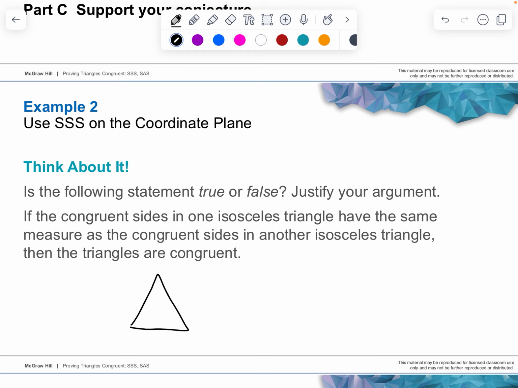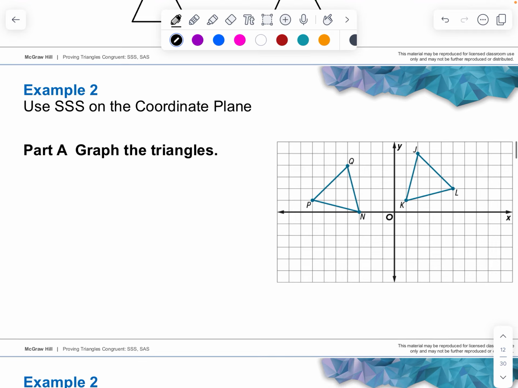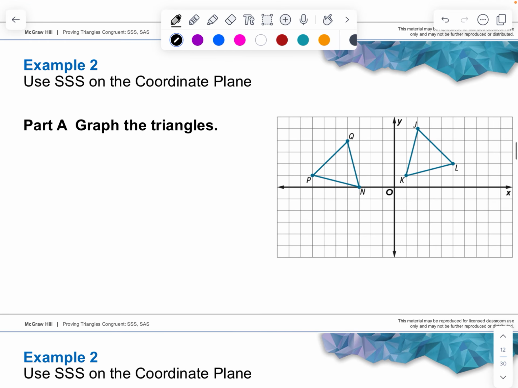So if you've got this isosceles triangle and another isosceles triangle, and this is equal and this is equal, are they congruent? I don't know. Talk to your person next to you. Pause me if you need to.